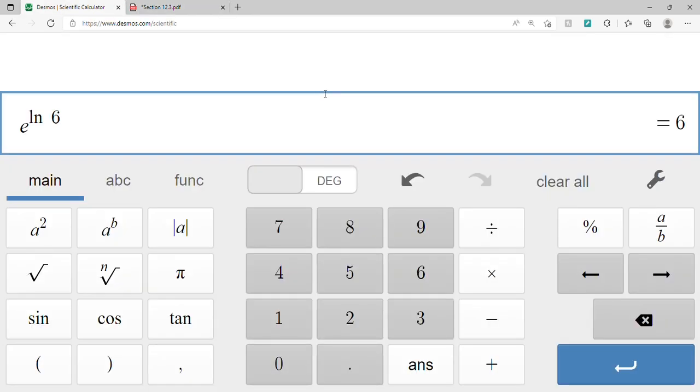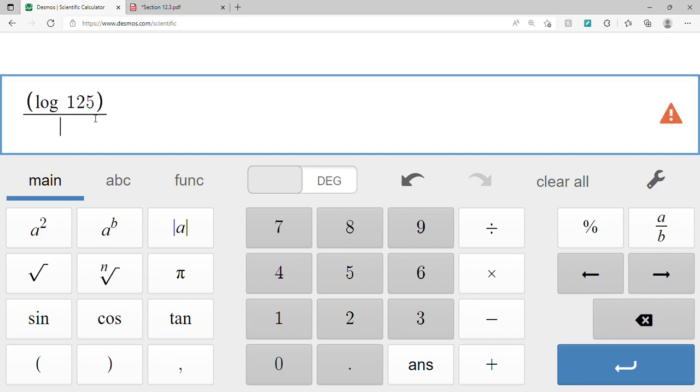So I could write on my calculator log of 125 divided by, and when you divide you want to be careful, you want to make sure that the entire numerator is dividing the entire denominator. So I like to use parentheses here, and so the calculator does the whole numerator divided by the whole denominator. So log base 10, or just log of 125 divided by log 3 gives us 4.395.